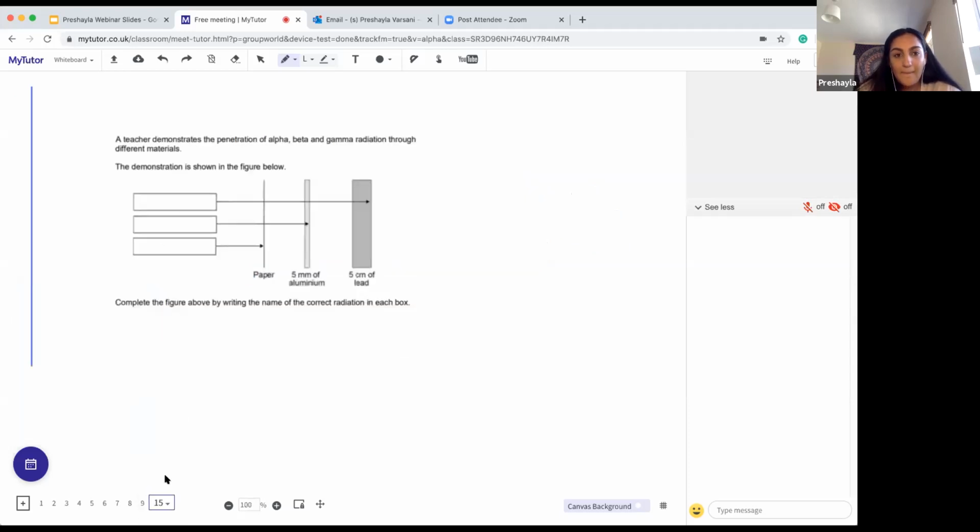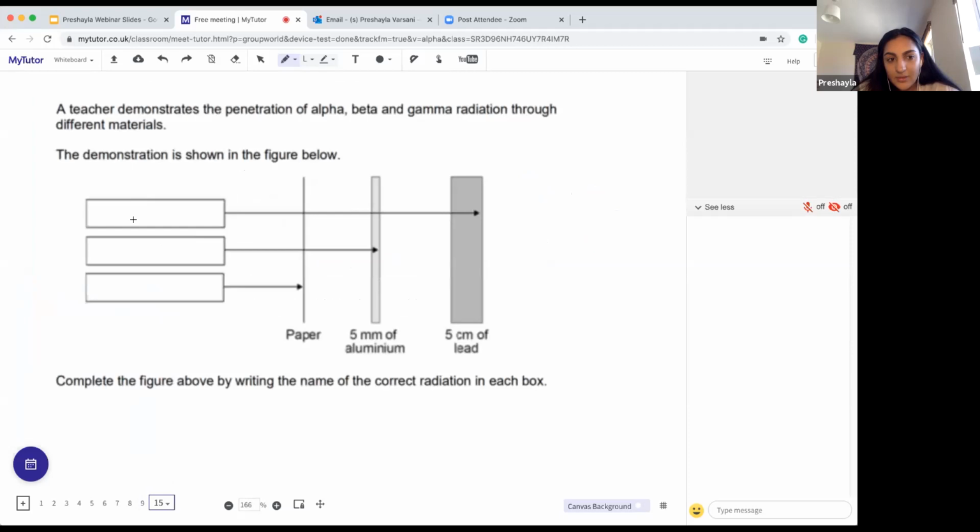Okay, so we've been given a diagram here, and we've been asked to fill in the gaps. Which one passes through all three materials and only gets stopped by lead? Which one passes through the paper but gets stopped by aluminium? And which one gets blocked by paper?